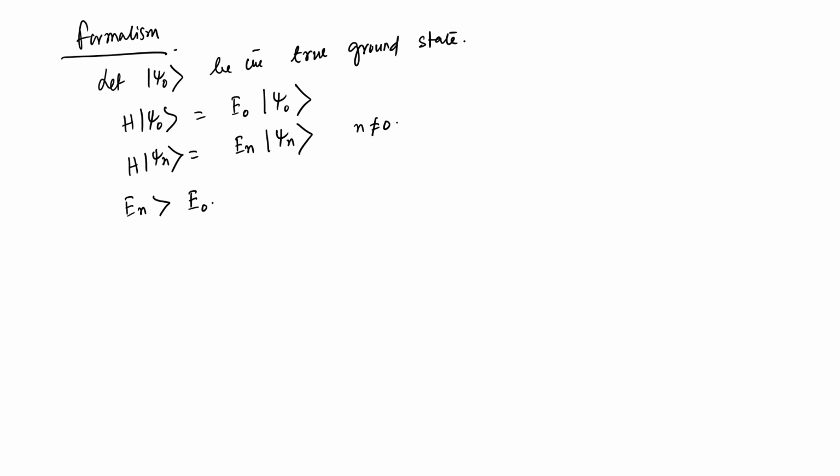So, we now resort to this guess wave function or trial wave function for this H, because we do not know what is going to be the ground state or even the excited states, any of the states, basically the eigenstates of H we do not know. So, we need a guess wave function. Let us call this trial wave function, or alternatively you can call it an ansatz.